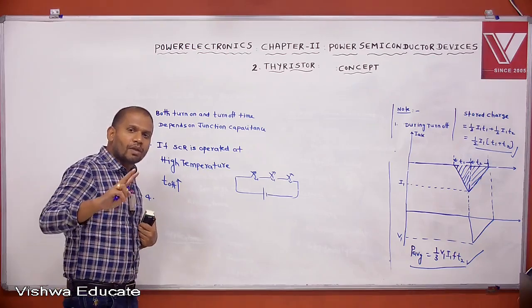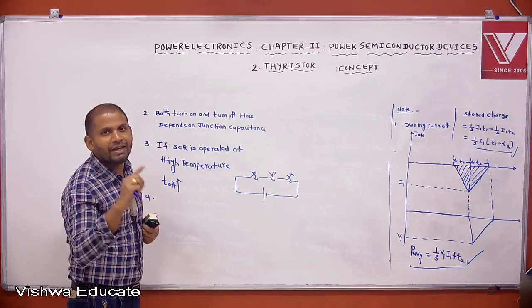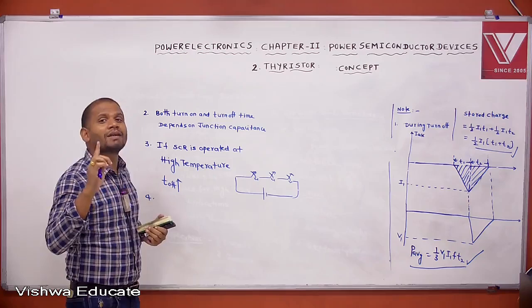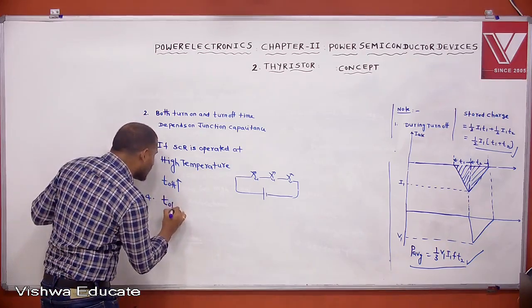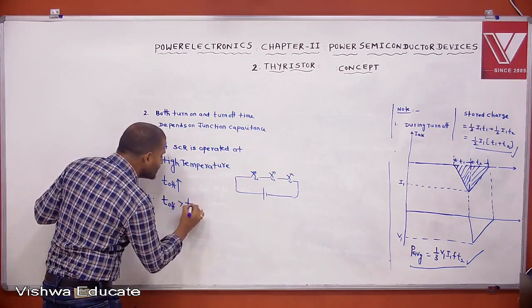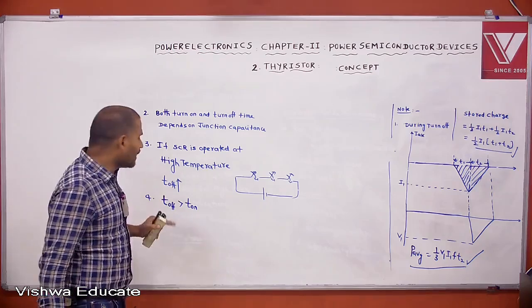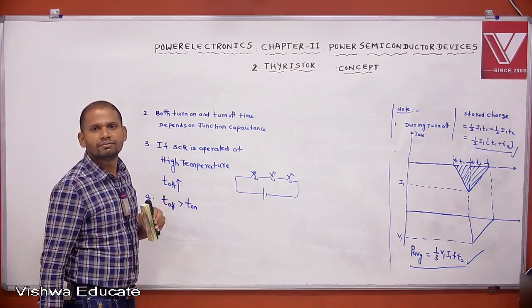Now you tell me, compare on time and off time for any thyristor. Which time is greater? Yes, practically off time is greater than on time. Always the turn off time of a thyristor is greater than the turn on time. Simple, na?